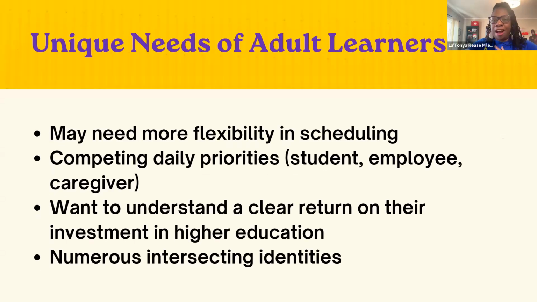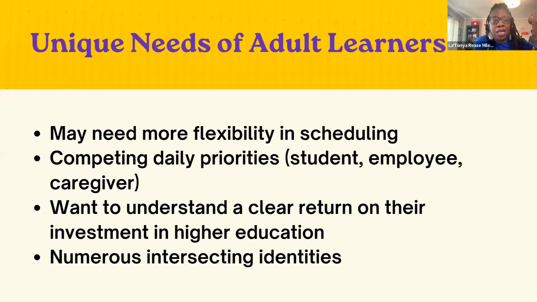Obviously we're here today to focus specifically on the experiences of adult learners. So we want to take a moment to talk about some of the unique needs of adult learners. We know that many institutions now are focused on adult learners.